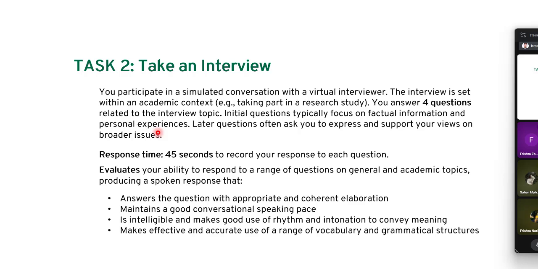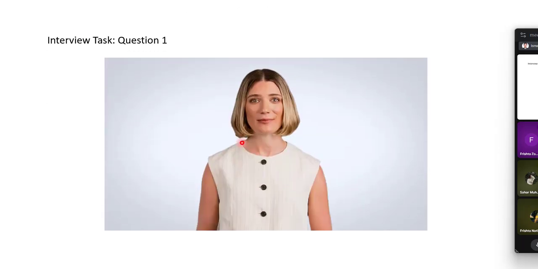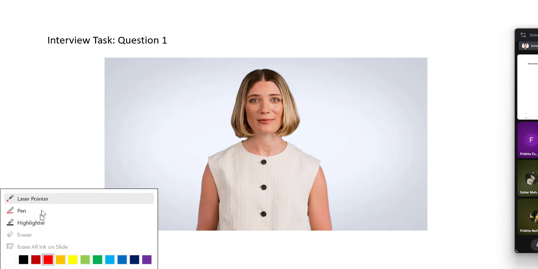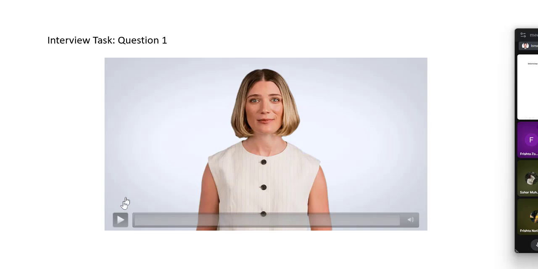And finally, it will check the range of vocabulary and grammatical structure, which applies to all types of speaking tasks. So let's look at one of them. I think it is the first task, the first question, actually. So let's listen.